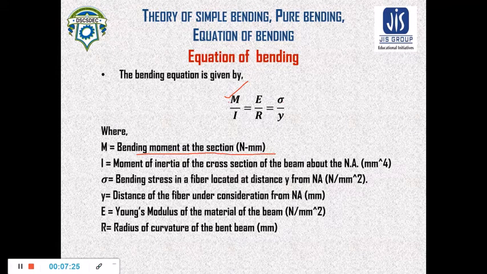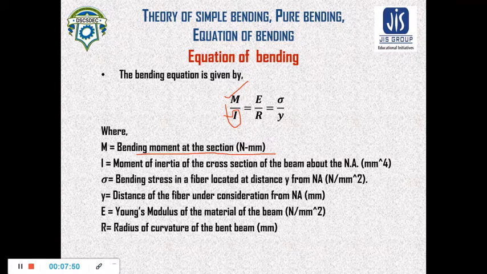This M can be calculated from the bending moment diagram, or it can be given to you in the question. The moment of inertia for different sections, for circular section, for square cross section, should be known to you, and these values were given to you in the last semester.